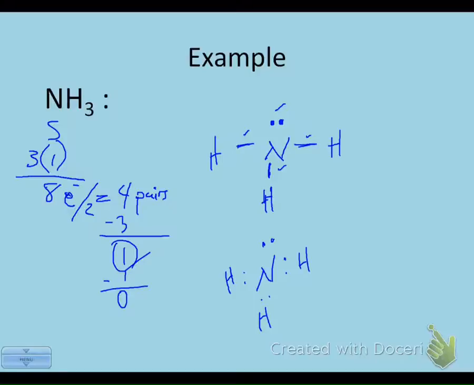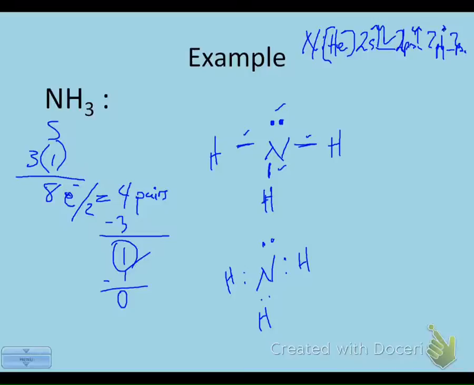Now, before I leave this, some of you might be kind of freaked out a little bit by these dots on the central atom. That's okay. It correlates. If you remember back to when we did orbital notations, for nitrogen, we had helium, noble gas notation, helium, and then we had 2s up, down, and then 2px, 2py, and then 2pz, and it was an up.